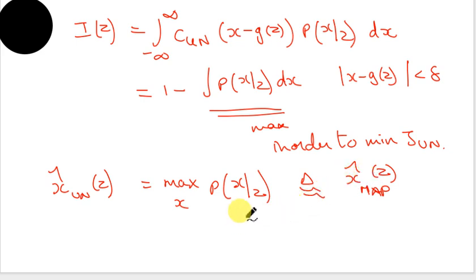Here p of z is nothing more than a scalar factor, and so maximizing p of x restricted to z is equivalent to maximizing the numerator p of x restricted to z into p of z in the integral. So this is how we obtain the cost error in the case of uniform cost. Thank you.